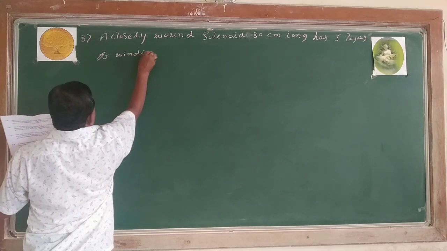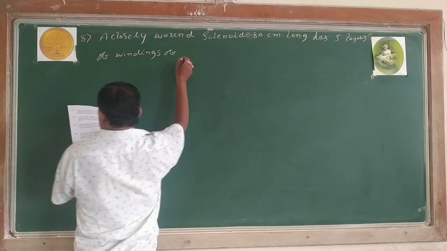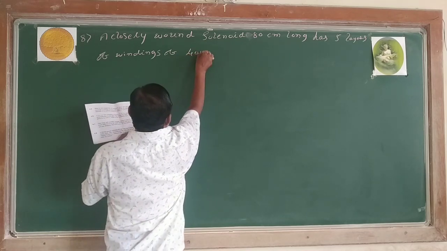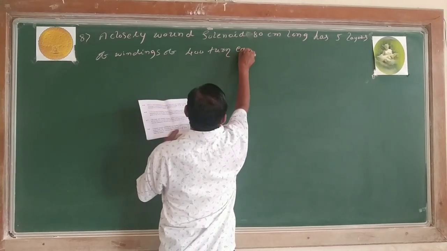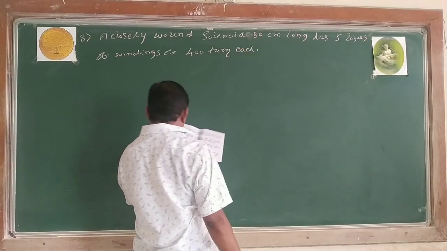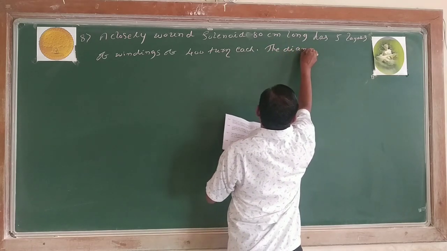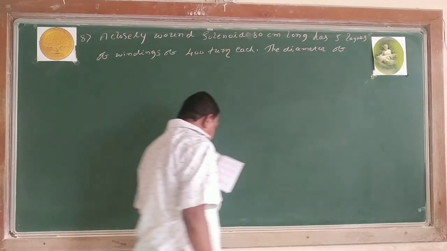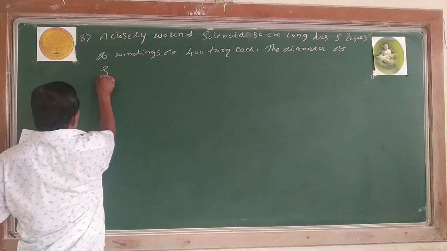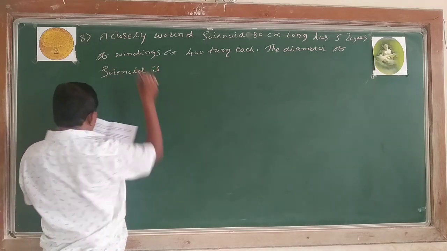Windings of 400 turns each. The diameter of the solenoid is 1.8 centimeter.